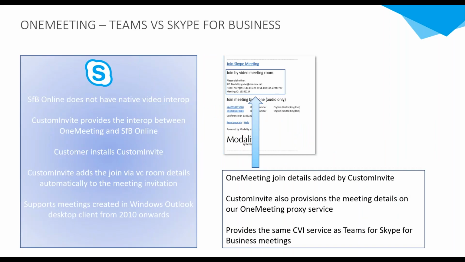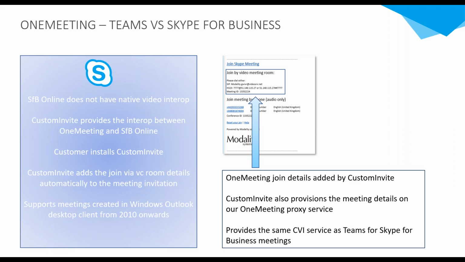To complete the OneMeeting picture, one of Modality's USPs is that we can do the same thing for Skype for Business as we can with Teams. So the Teams meetings have that native cloud video interop, but Skype for Business doesn't. You need something in the middle to deliver that same user experience, which we can do using our OneMeeting service.